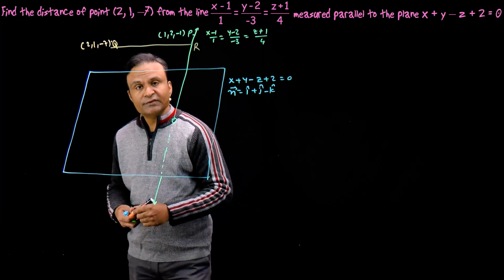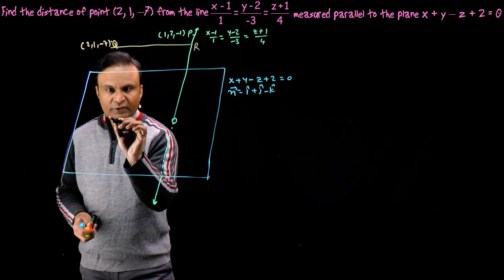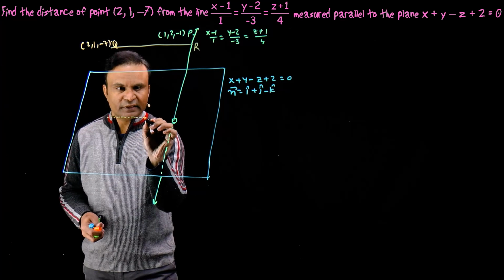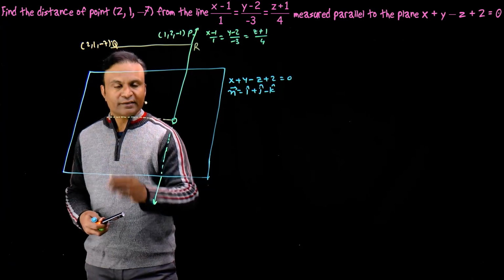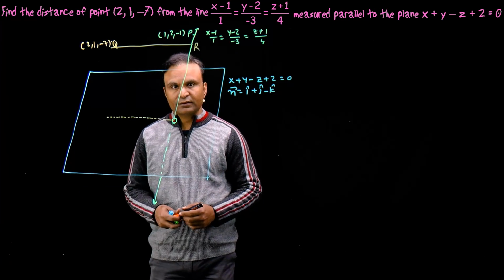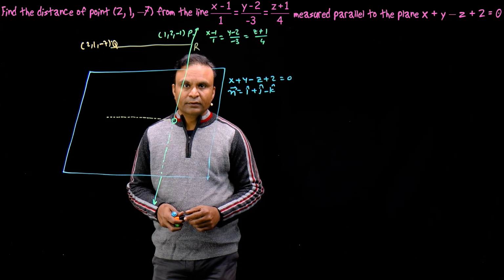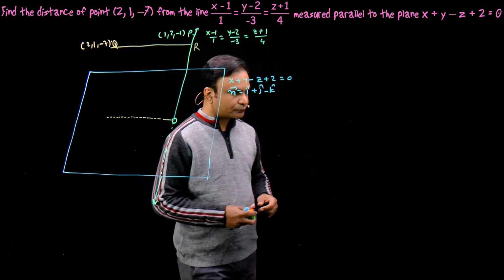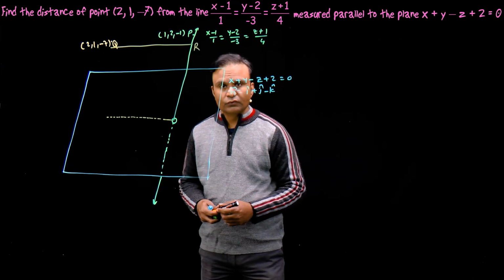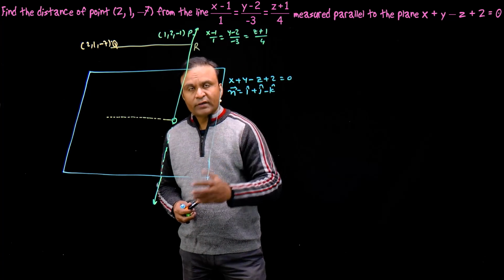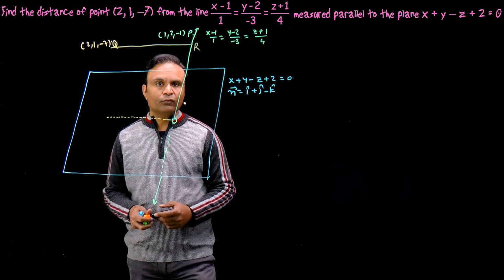This QR is parallel to this plane. For that, let's draw one reference line here on the plane so that we can feel that QR is parallel to this plane. We have to get distance QR. How can we get this distance? We have coordinates of point Q. So we will focus on point R. We will get coordinates of point R.